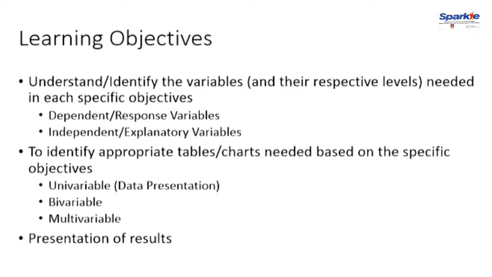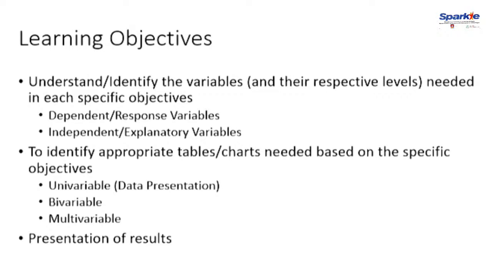The moment, for me as a statistician, the number of categories is more than 5, I won't think of a pie chart because it will look clumsy. So anything more than 5, I don't do pie chart for it. I would rather do histogram or bar charts, depending again on the nature of the variable.